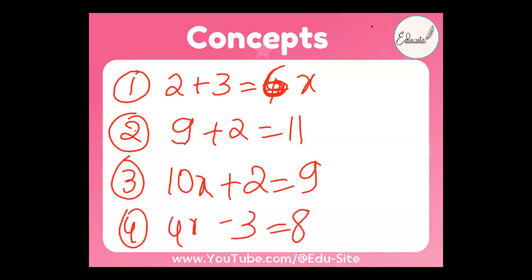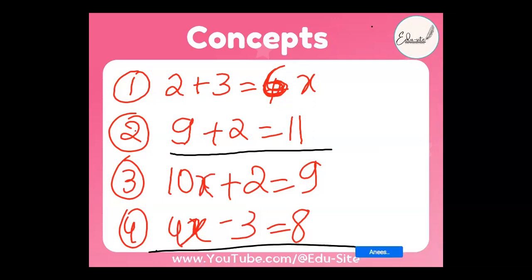Now, Aisha, please recognize which is an algebraic equation in this. Aisha, you're not audible actually. Can you come a bit close to the microphone? No, that is not an algebraic equation.